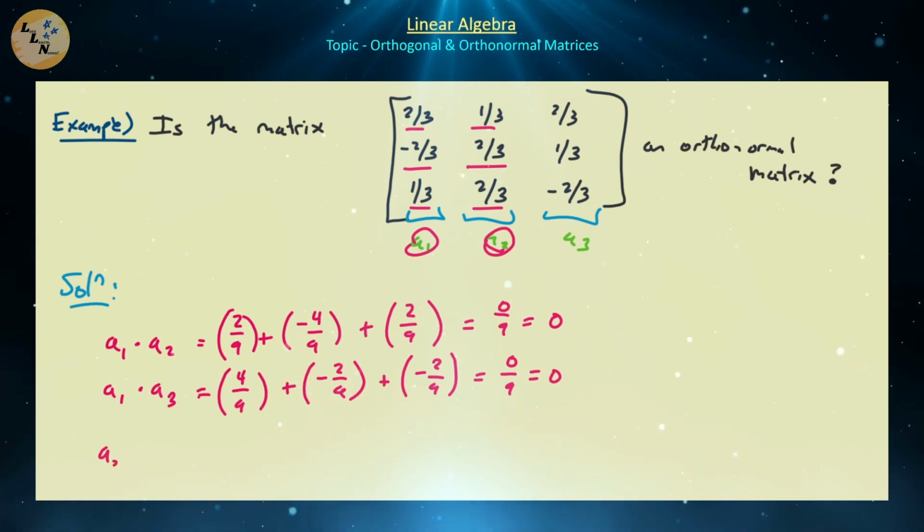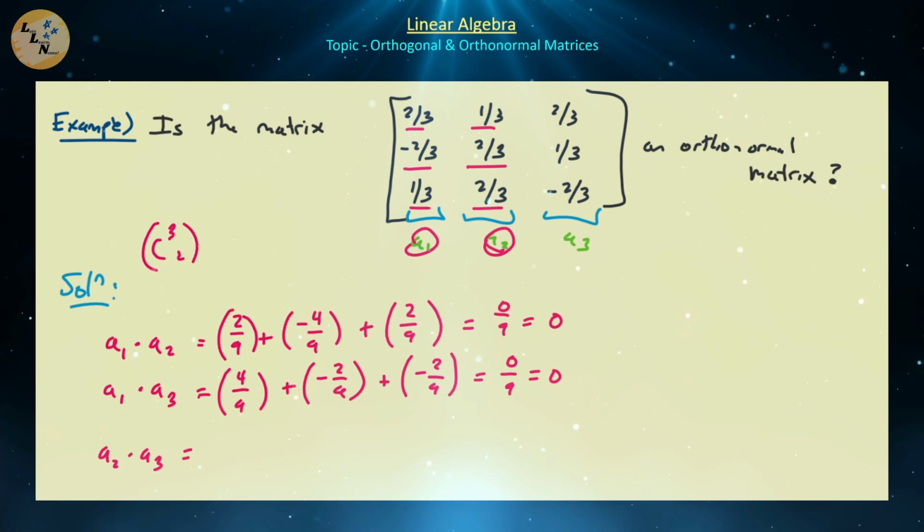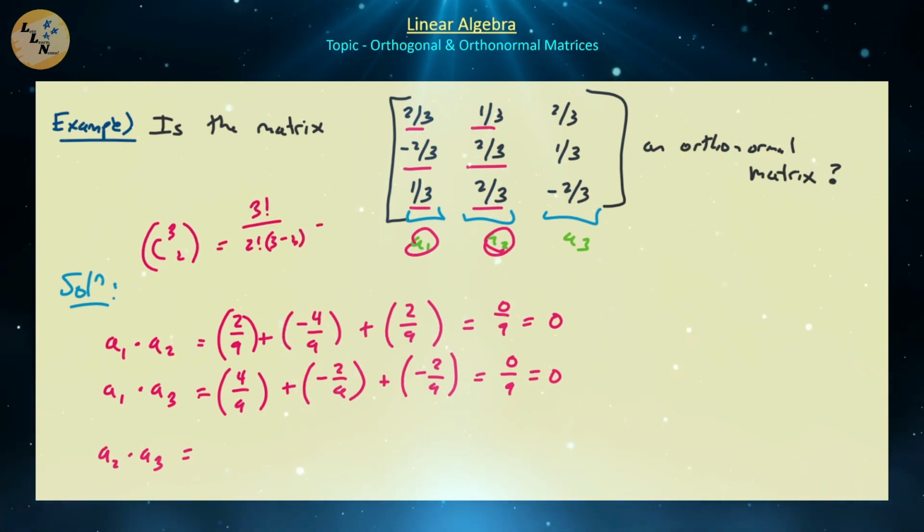And lastly, we have A2 and A3. So how many different pairwise dot products do we need to do? We need to do 3 choose 2, right? So 3 factorial over 2 factorial times (3 minus 2) factorial, which in this case is equal to 3. Just in case you have an arbitrarily large matrix, you don't want to miss any of those dot products.